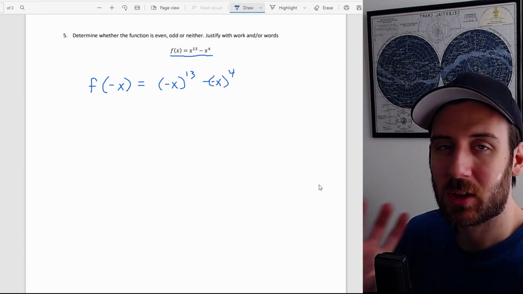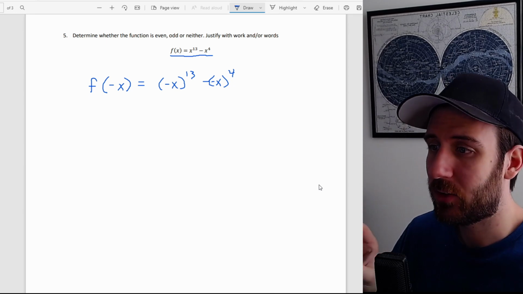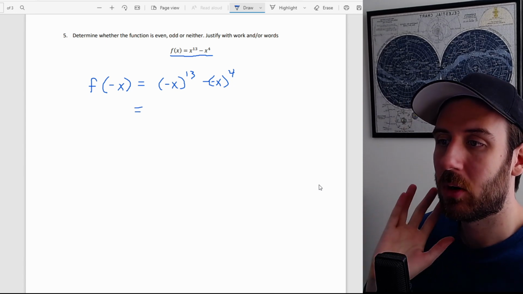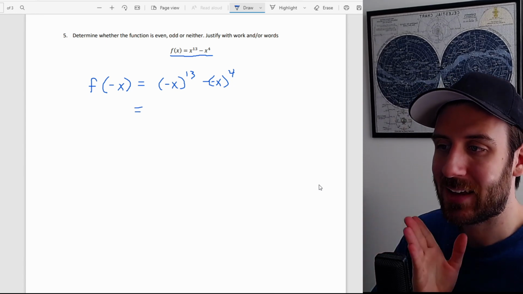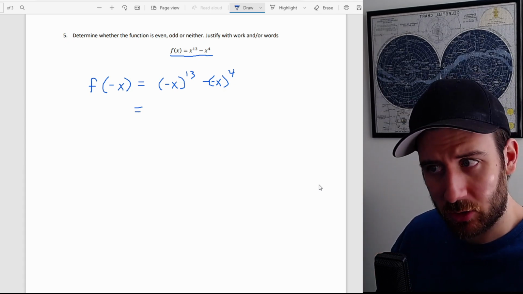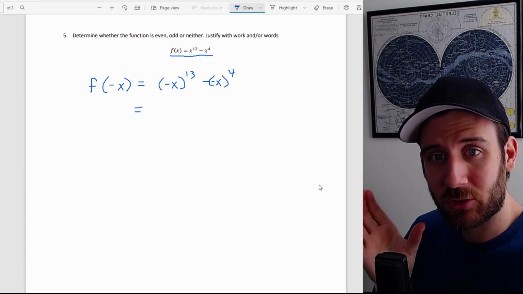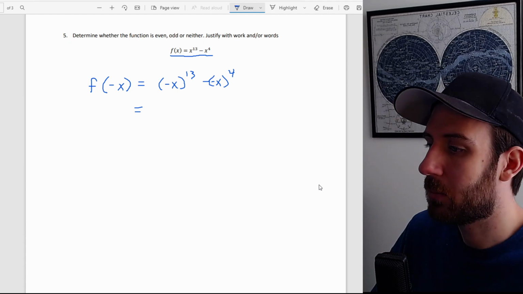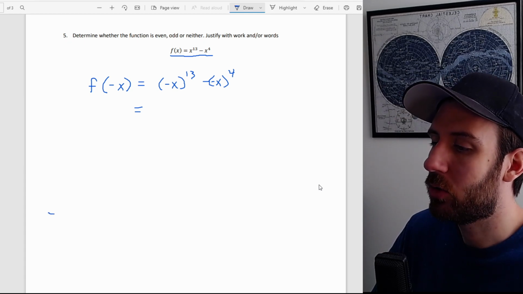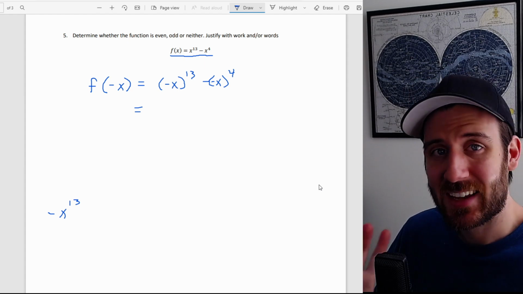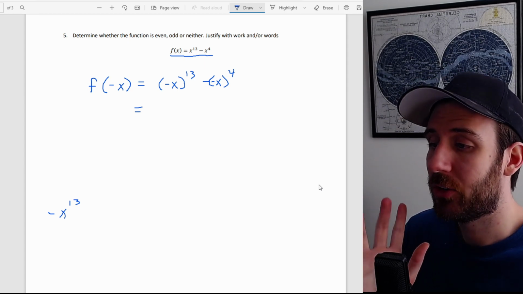And you can see I like plugging in the negative x's inside of parentheses, because that helps me to remember that I'm not simply doing negative times x to the 13th power. I'm doing negative x to the 13th power. Let me compare. If you are working through these problems and you write this for plugging in, this is actually incorrect, and you want to make a note to yourself that this is a mistake.